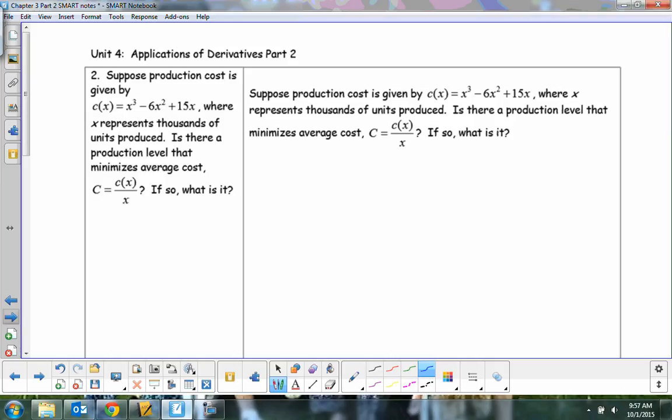Suppose production cost is given by this equation, where X represents thousands of units produced. Is there a production level that minimizes average cost, which is C equals C of X over X? And if so, what is it? So, can you write your equation?